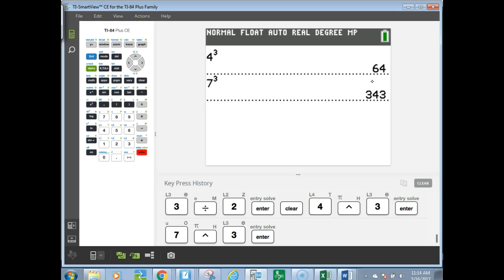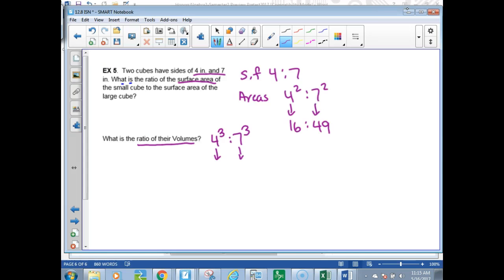So here's an idea. Think about it this way. If you know 4 to the third is 64, and you were given the volumes were in this ratio and you went backwards, you would uncube it. You with me? Uncube it. So when you go backwards, we're going to take the cube root. So we got 64 to 343.